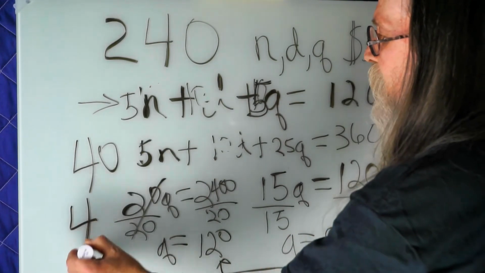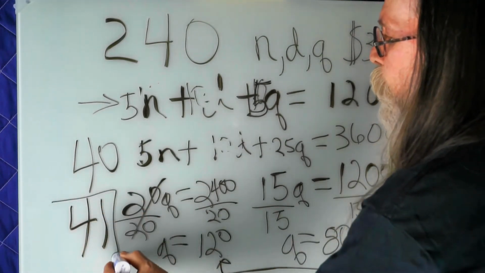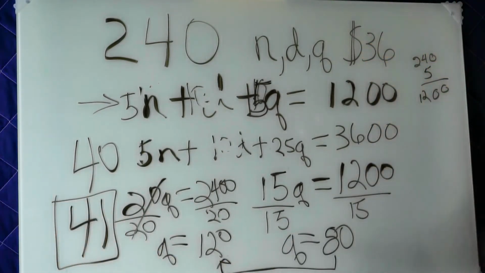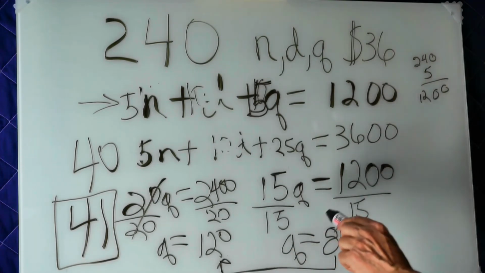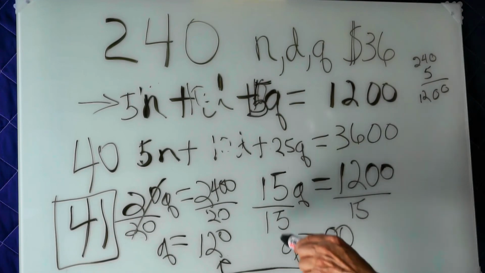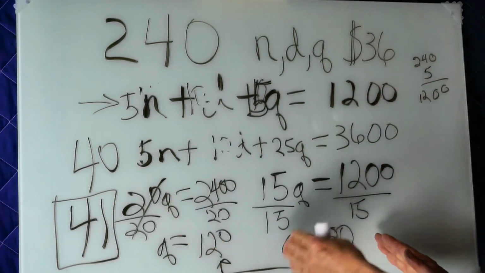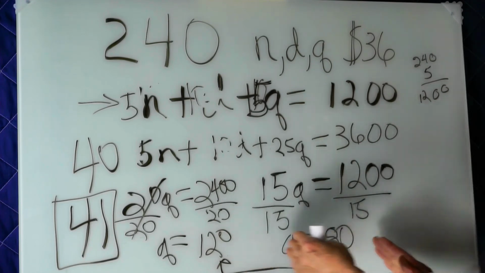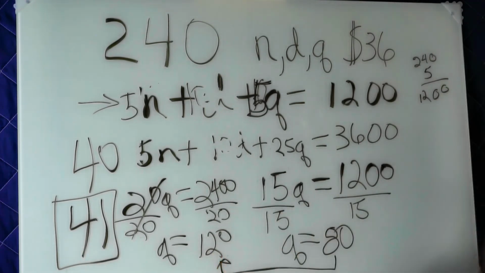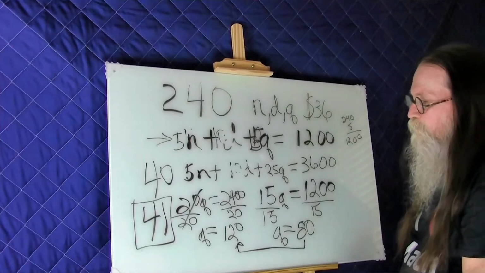So in this case, there are 41 possible answers to the number of quarters, because we could have 80 quarters, 81 quarters, 82 quarters, 83 quarters, and then we start off with all dimes here, and then we get rid of dimes and we add nickels till we end up over here with all quarters and all nickels.